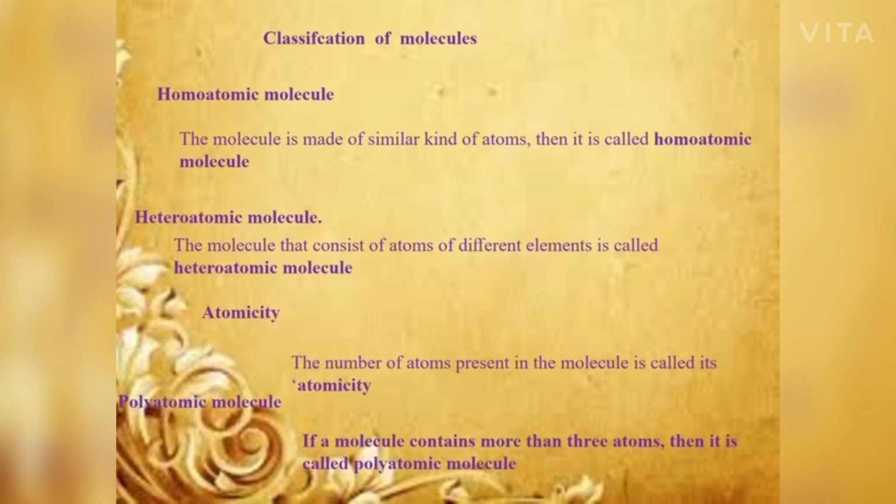So, homoatomic molecule means same kind of atoms combined together to form a molecule. Heteroatomic molecule means atoms of different elements combined together. If more than 3 atoms combined together to form a molecule, that is called polyatomic molecule.